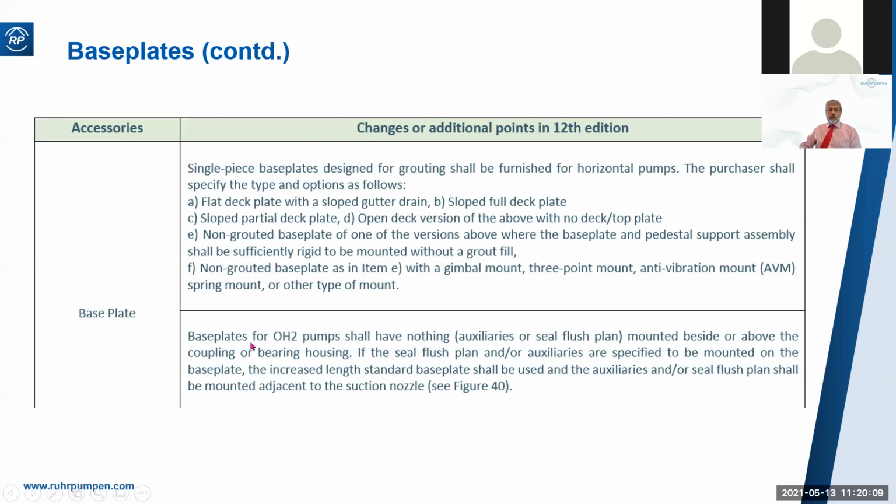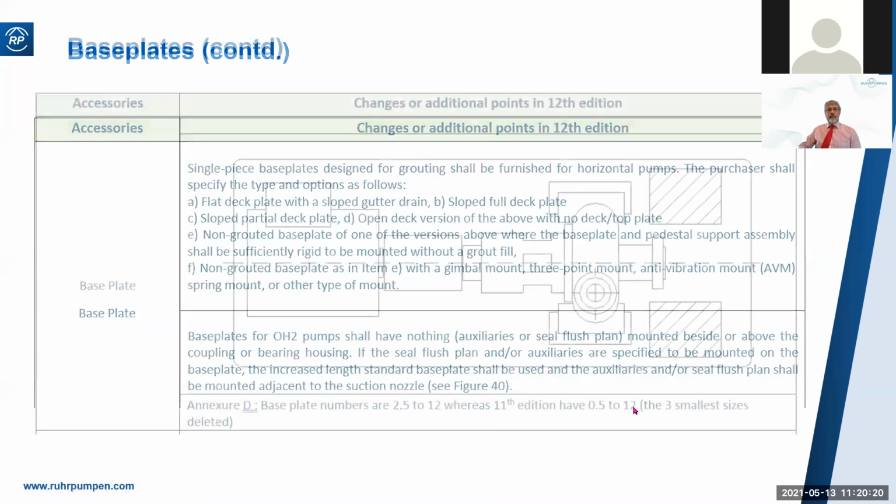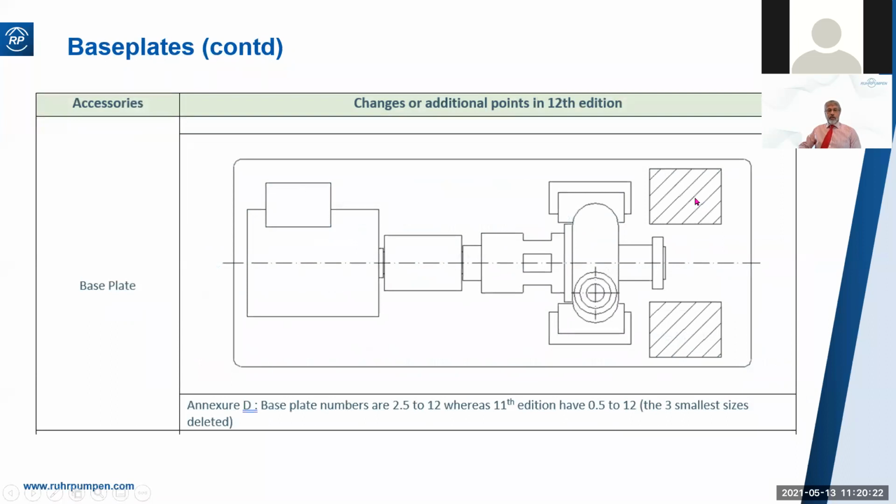OH2 pumps, or their base plates, must now have nothing mounted alongside the coupling or the bearing housing. So nothing, seal systems must be mounted here or here. No longer can you mount them here or here.